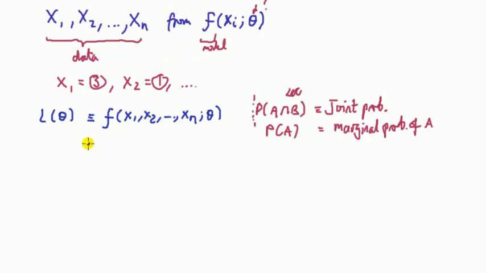So we can break this joint probability into the following. If we assume that the x's are independent, so if it's a random sample, the x's are independent, so this outcome here will not depend on this outcome and so on. Well, then we can say that this joint probability can be broken down into the product of the marginals.